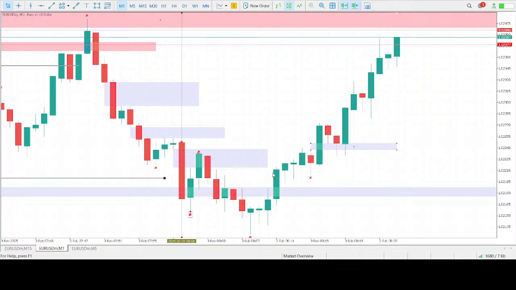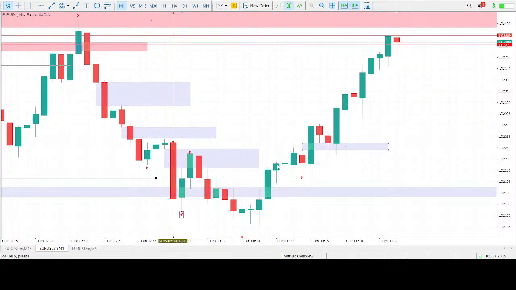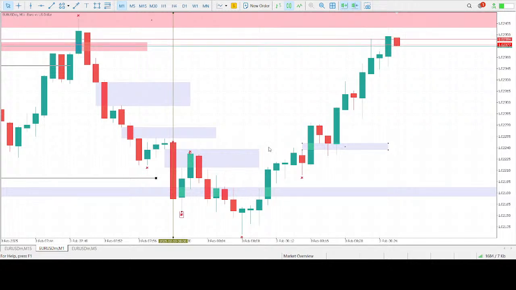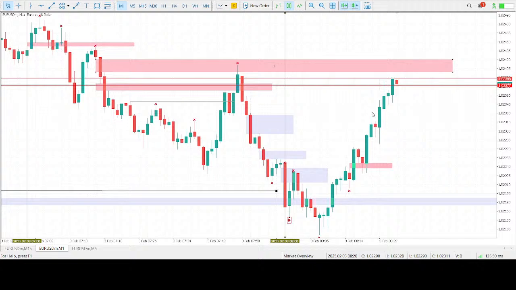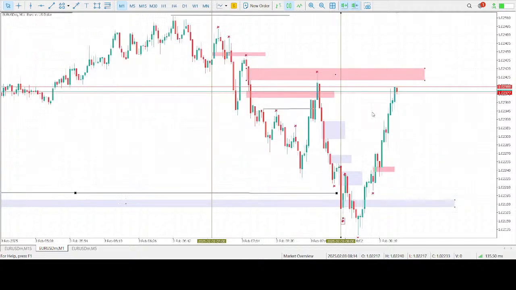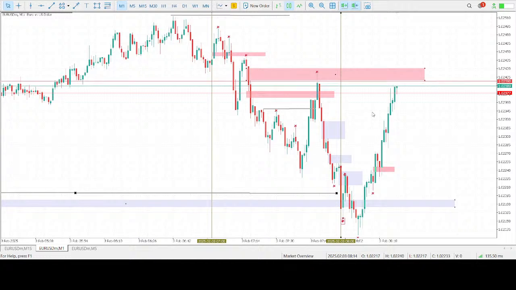And then after that, I should change this to something that looks, no, we're using pink. So something that was a fair value gap, and from that case we will now start to seek prices towards the upside.